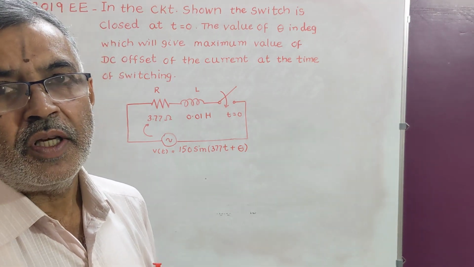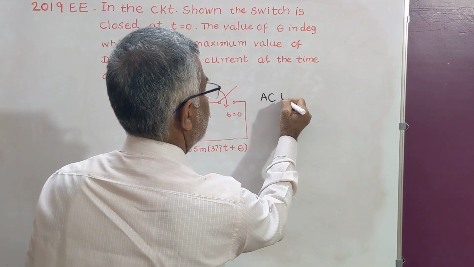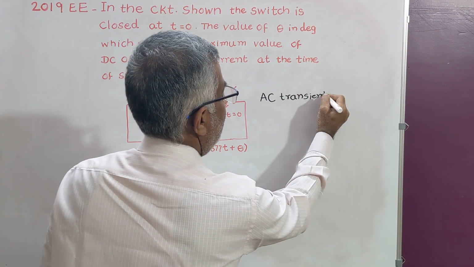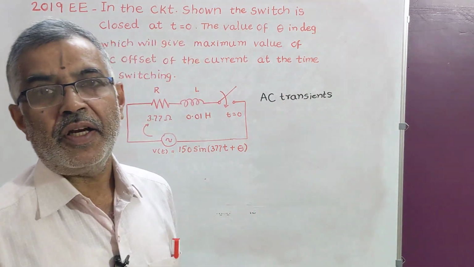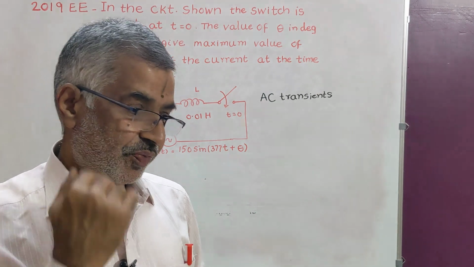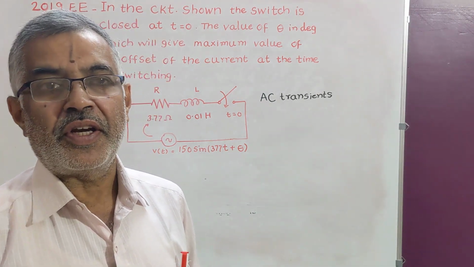This is from AC transients. Transients means a kind of disturbance. And once the transients die, then only the system can enter steady state.